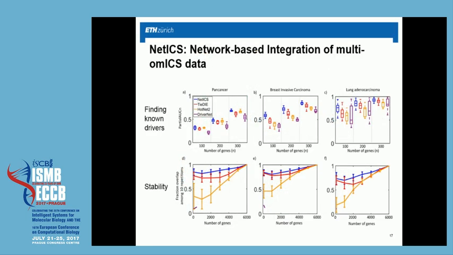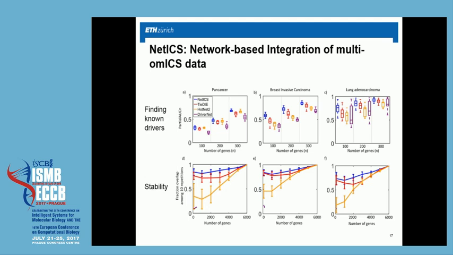First of all, we looked at the performance simply by taking known cancer driver genes from different databases. I don't want to go into a lot of details, and we compared two methods that are closely related, especially TIDAI, which also does a bidirectional diffusion process, but not on individual samples. HotNet does a similar type of diffusion process, and DriverNet is a different method. You see that we're looking here at breast and lung cancer.